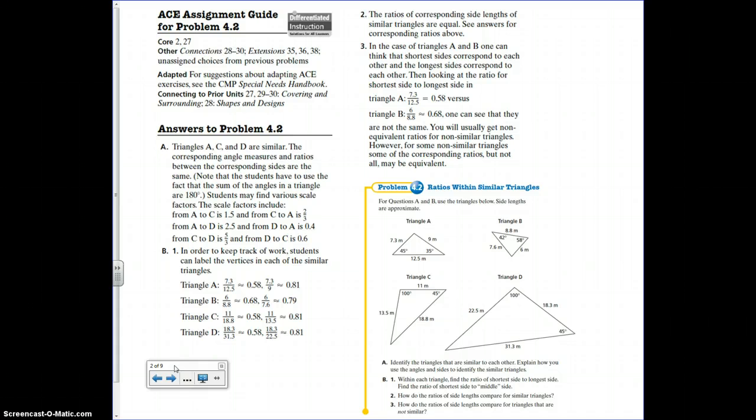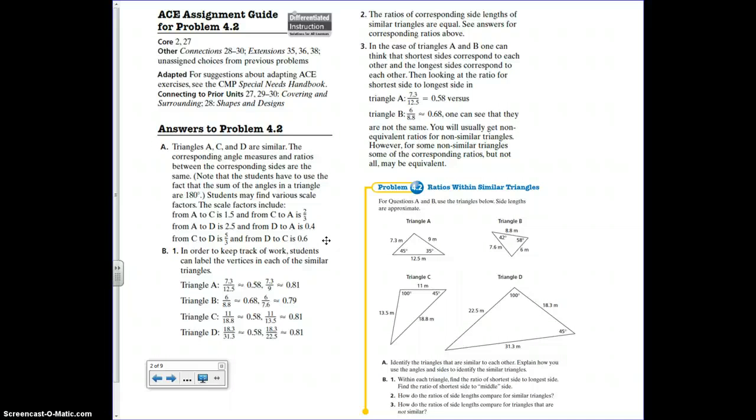The scale factor from A to C was 1.5, A to D was 2.5, and C to D was 5/3. You can see over here that if you did them in the opposite direction, C to A, D to A, and D to C, you also would have needed to note that they had corresponding angles equal.